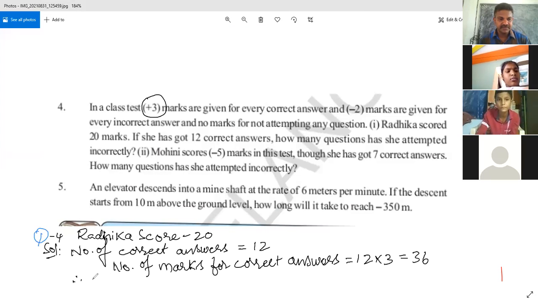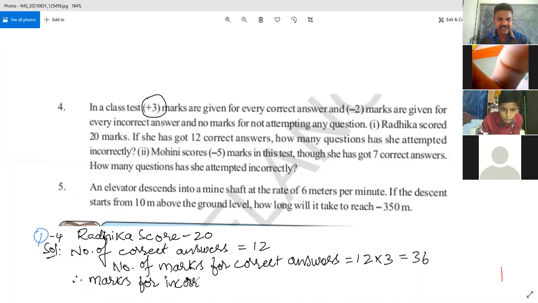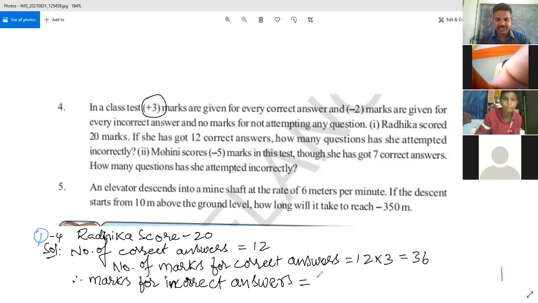Altogether, for the correct answers, 36.